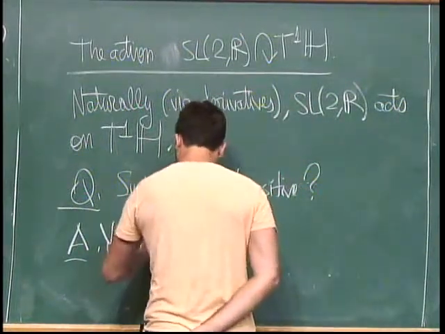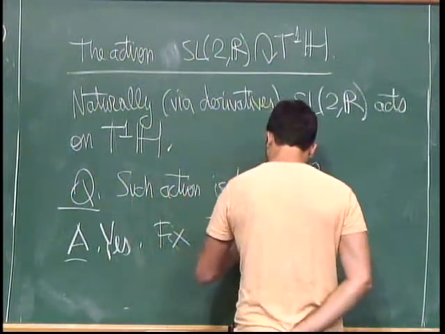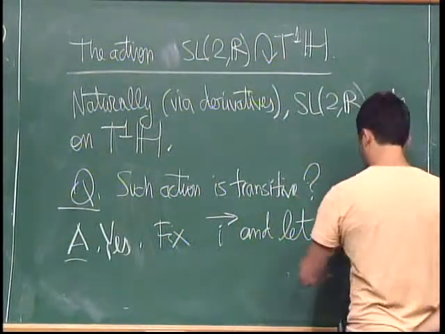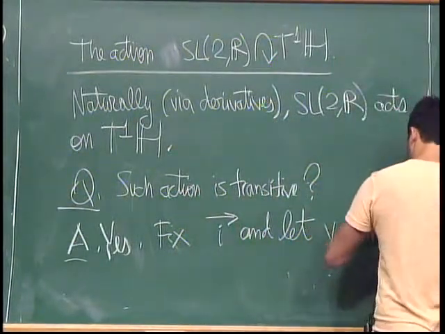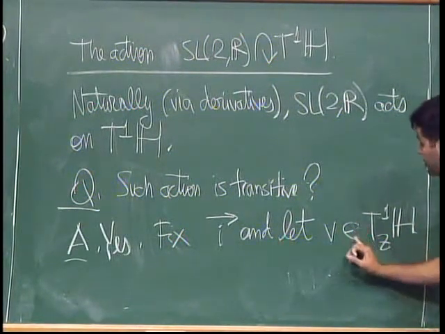So fix I and let V be any other such guy here. Let's say that V is based on this guy Z. So what do we have to accomplish here?